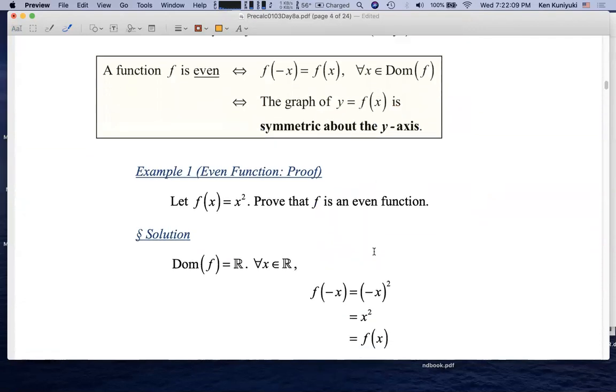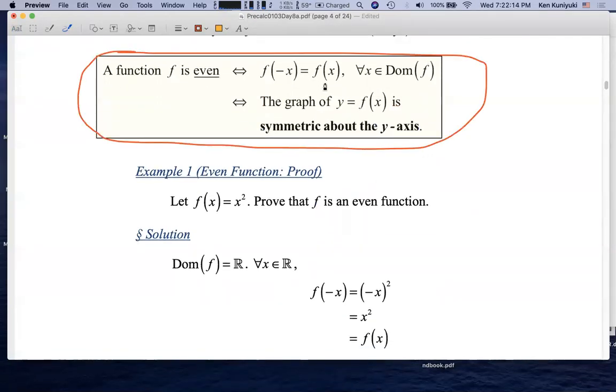A function is even, in general, if and only if, whenever x is in the domain of f and you input opposite values for x, the function values are the same. f of opposite of x equals f of x for all x in the domain of f. Graphically, that means that we have symmetry about the y-axis. For every pair of opposing x values in the domain, the y values are the same.